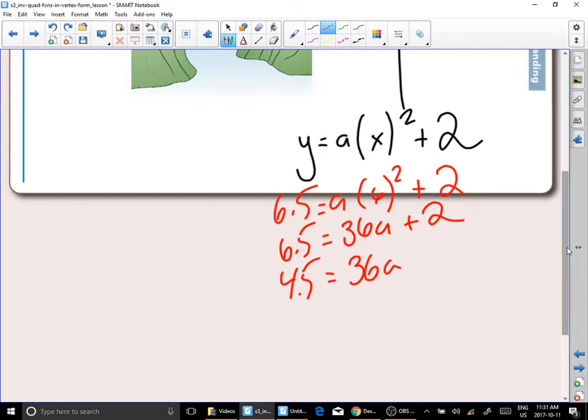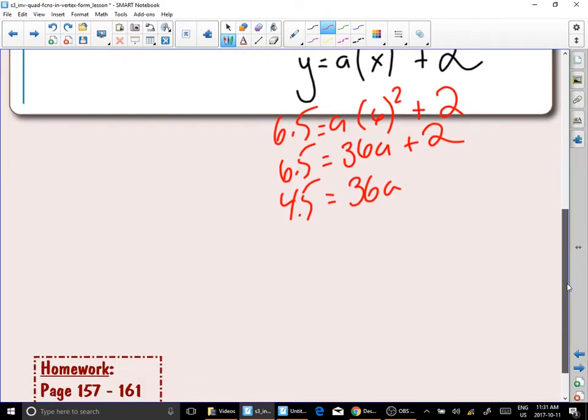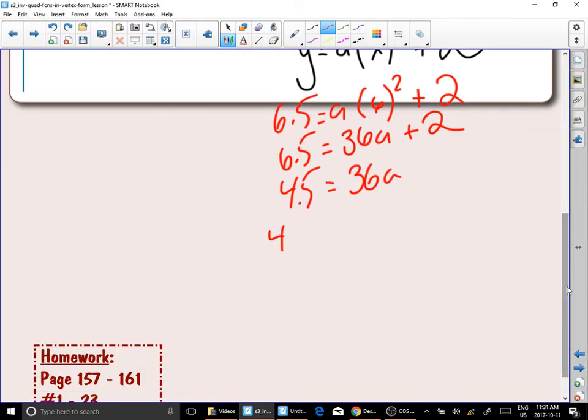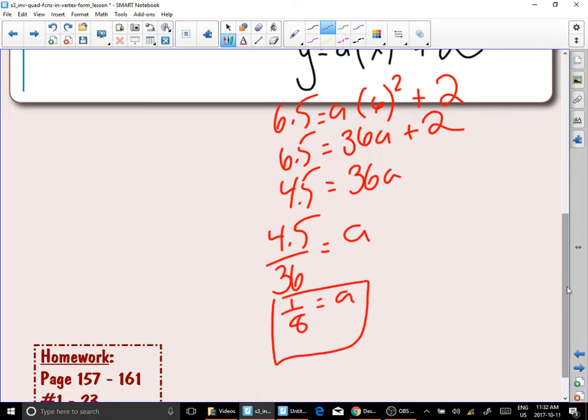And then to figure out what a is equal to, you're going to love this. It works out beautifully. If you divide 4.5 by 36, you're going to get a nice answer, because 4.5 goes into 36 exactly 8 times. So this fraction, although it looks goofy because there's a decimal in the numerator, it actually works out really nicely to 1/8. So a is 1/8.